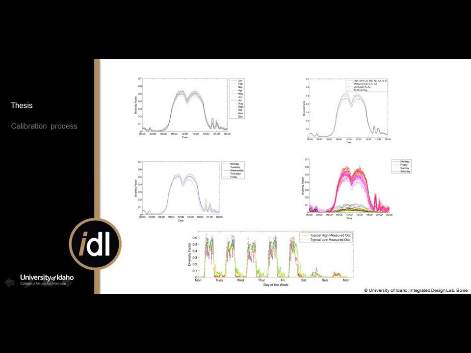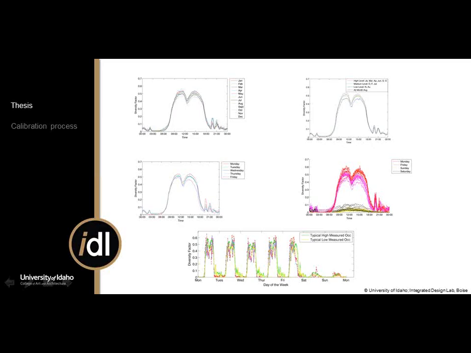So I also did it for day types, and all these show a deterministic diversity profile, but in reality, people behave randomly. They don't always show up at their workspace at the same time, or leave at the same time, go to lunch and stuff like that.